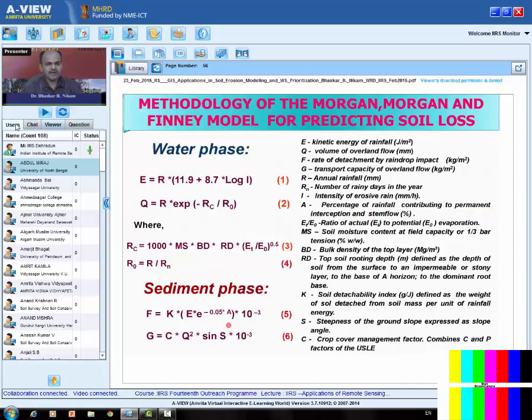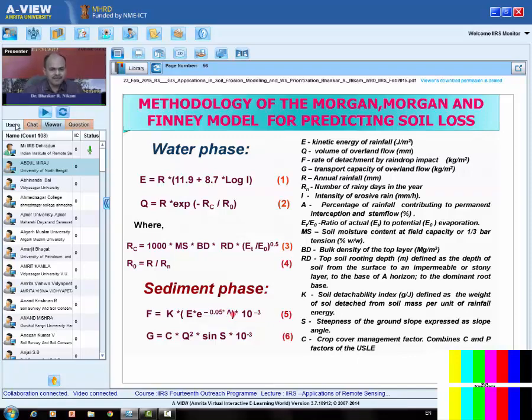So not all rainfall that falls on your surface will impact your soil. Some of that rainfall will be intercepted by the canopy, and that rainfall will either join your soil again as stemflow or remain on the canopy surface and evaporate.